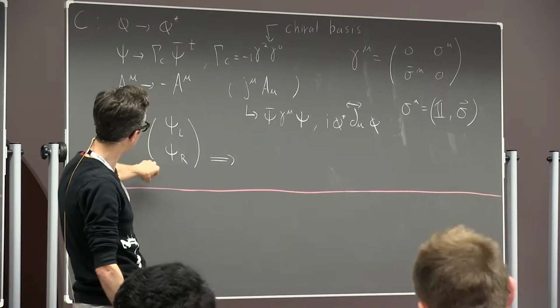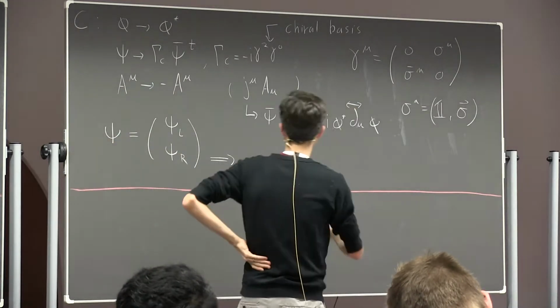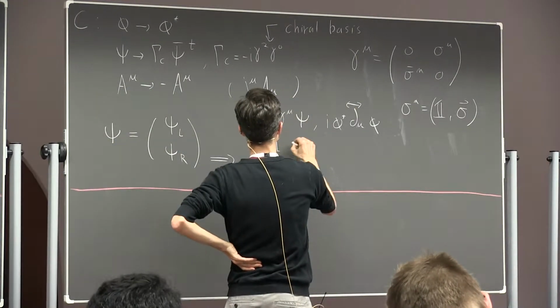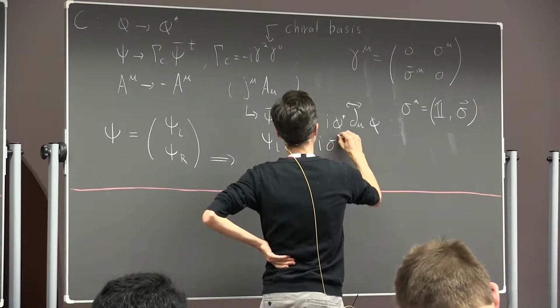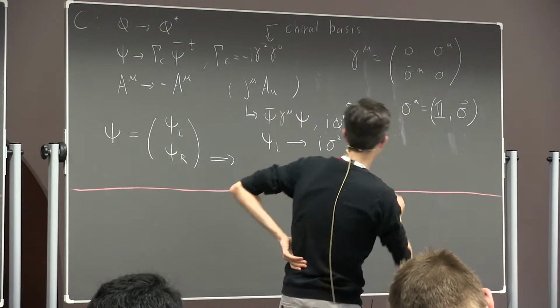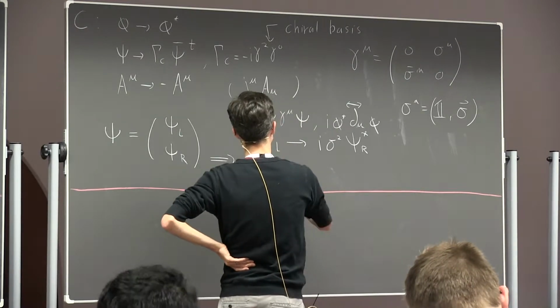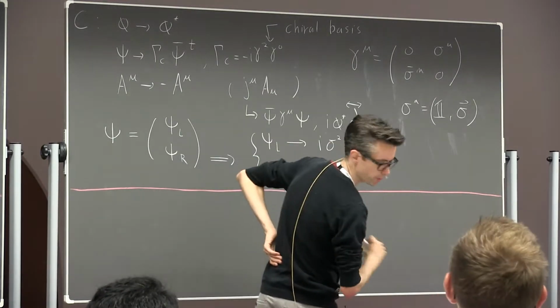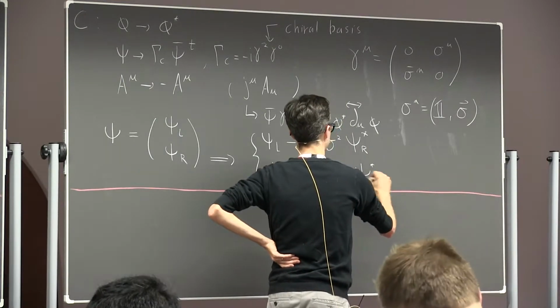When I apply a C transformation to this, with this form in the chiral basis, what you find is psi left goes to I sigma 2 psi right star, and psi right goes to, I think it's a minus sign, yeah, minus I sigma 2 psi star left.